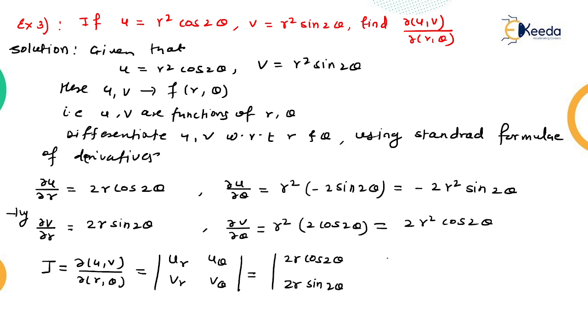In the second column, the values of ∂u/∂theta and ∂v/∂theta: minus 2 r square sin 2 theta, and 2 r square cos 2 theta. You have to just solve this determinant.